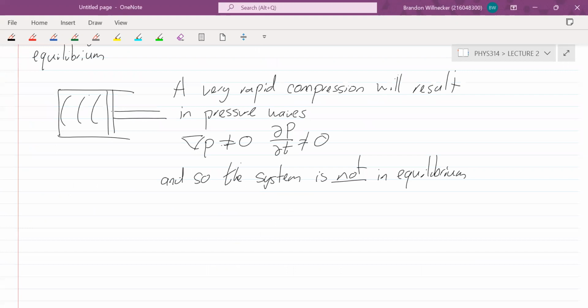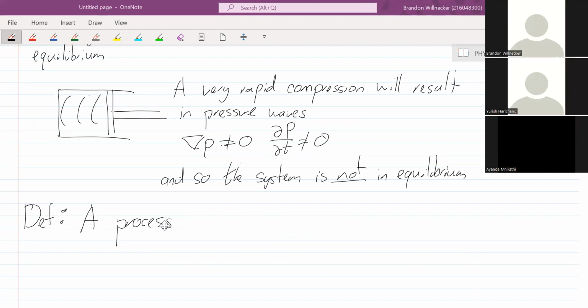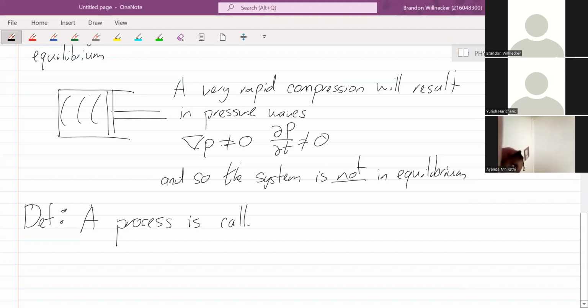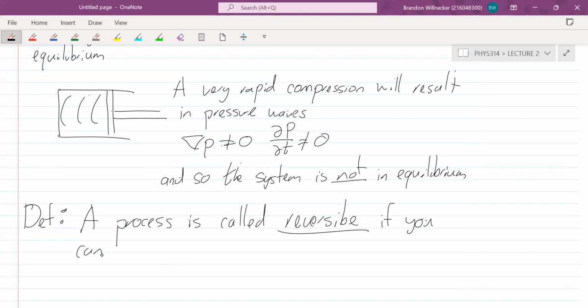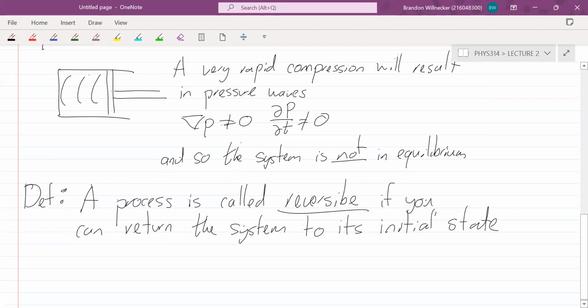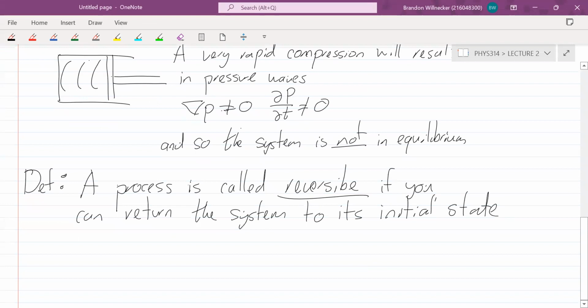Okay, cool. I've got a few more definitions to get through. A process, and by process I mean thermodynamic process, is called reversible if you can return the system to its initial state via the same sequence of equilibrium states.